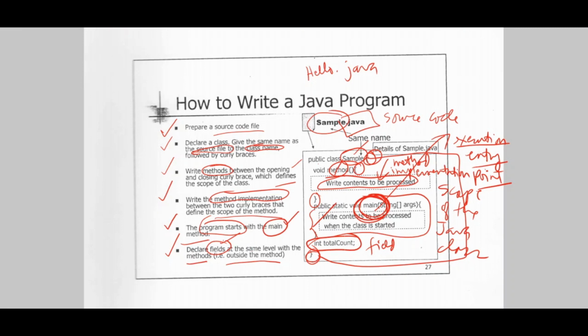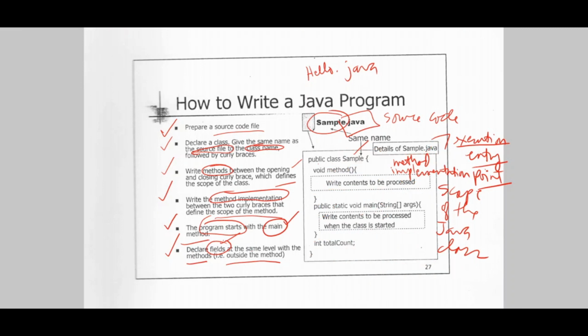If you declare a variable inside the main method, say an integer type with the variable name x, x here is called a local variable, declared inside the main method.